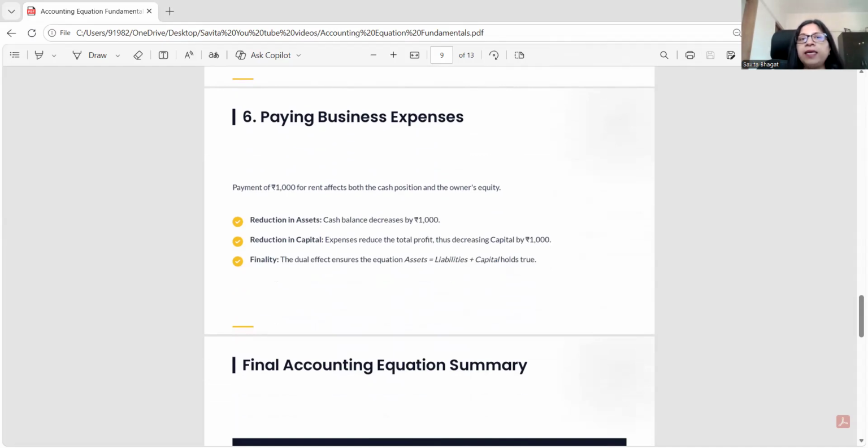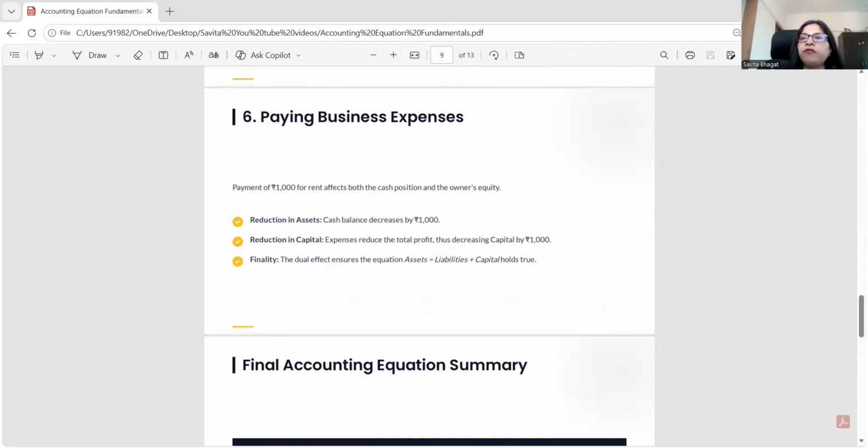Similarly, your capital would be reduced because expenses are charged to the P&L account. Once you charge your expenses, your profit would reduce, and the reduced profit will be added to capital. So here we reduce the capital by 1,000 rupees.